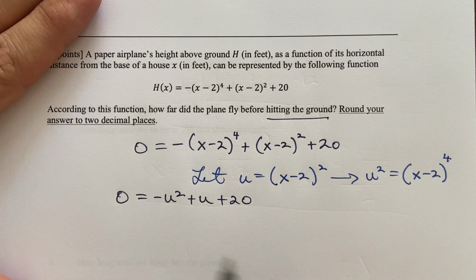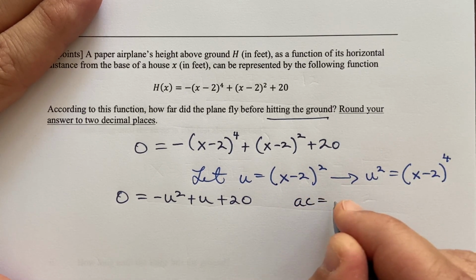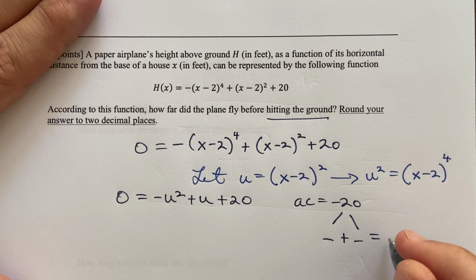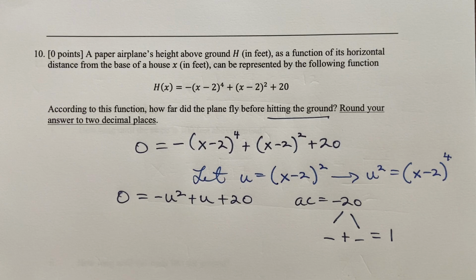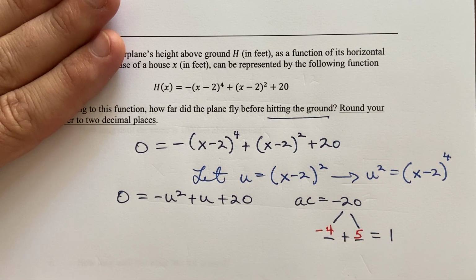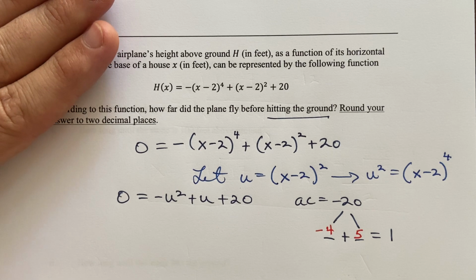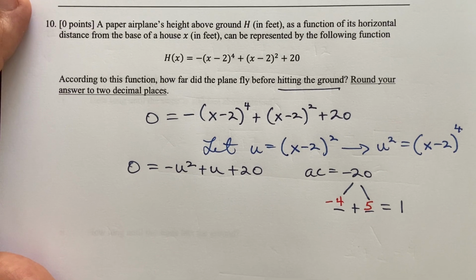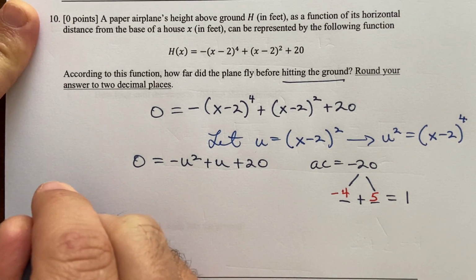Looks like I can factor this one. So a times c would be negative 20. Factoring negative 20 and hoping to add up to 1, I have a 5 and a negative 4. We do not have that a is 1. A is actually negative 1, so I need to be careful and go through these grouping steps.